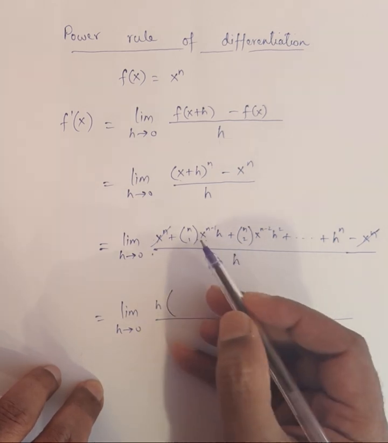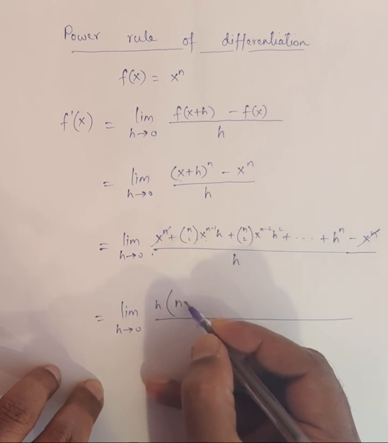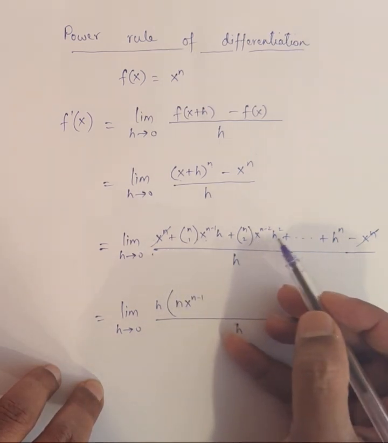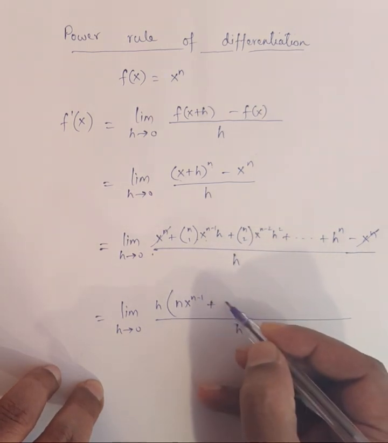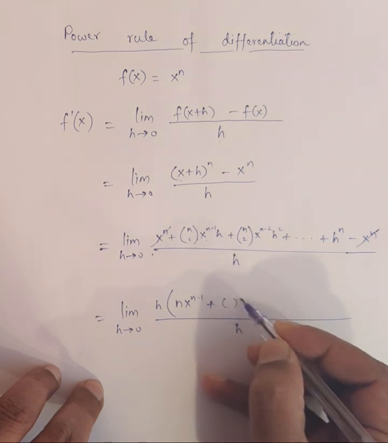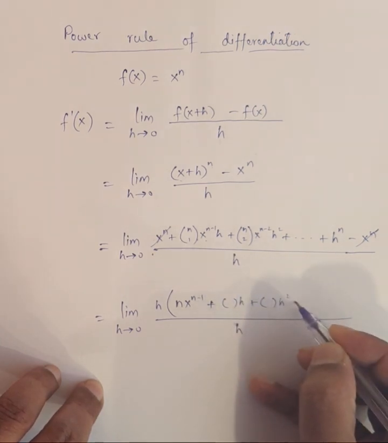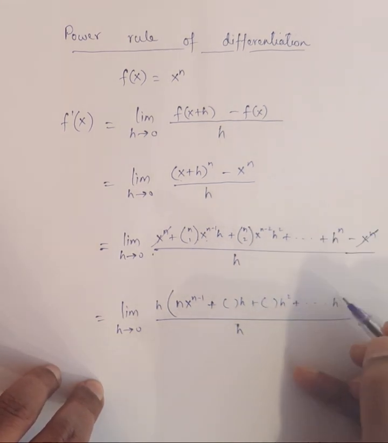And then what happens is, this is just n, so I would have n times x to the n minus 1. And then since this has h squared, I would have something in h. So something in h plus something in h squared, and so on. So all of these terms, and in the end, I would have h to the n minus 1.